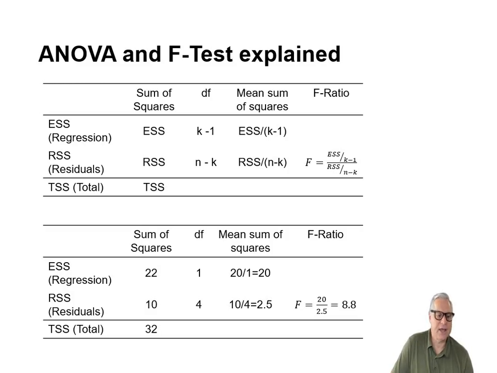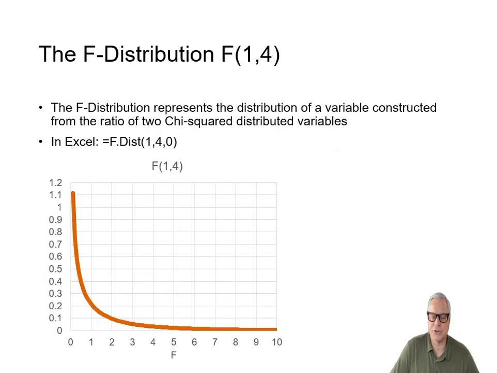So now how does an F statistic work? So we look at the F distribution, and the F distribution can have a different shape depending on how many degrees of freedom we have. And I can show that to you in a minute in Excel. But let's just continue with our F test. Just like any hypothesis test, we would have a null hypothesis and an alternative.